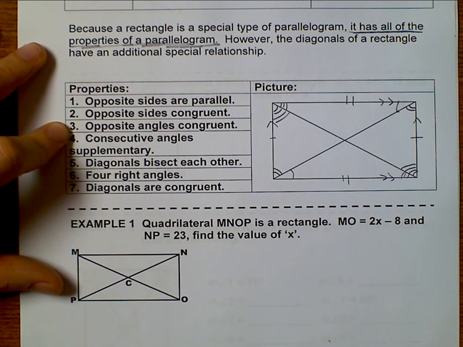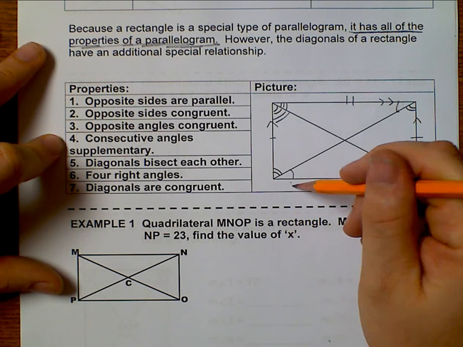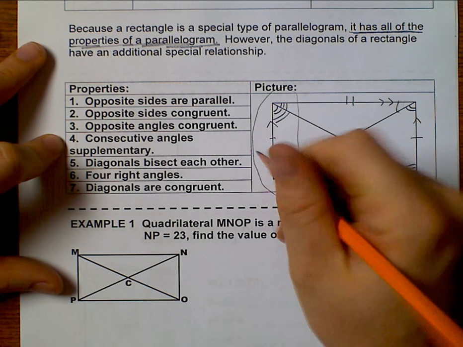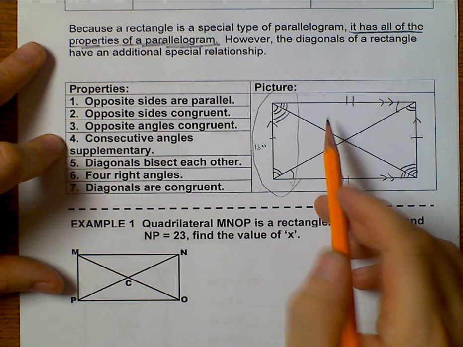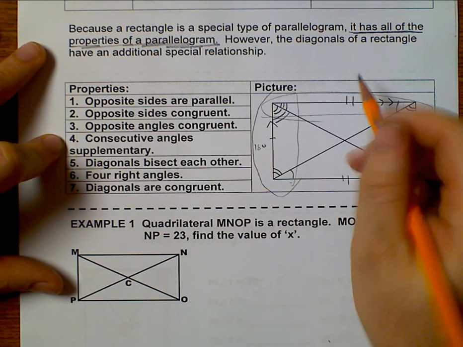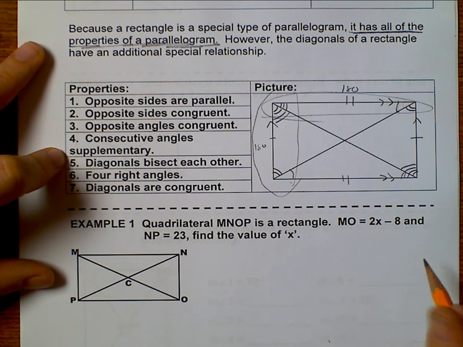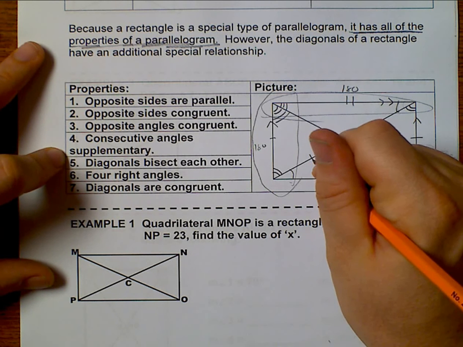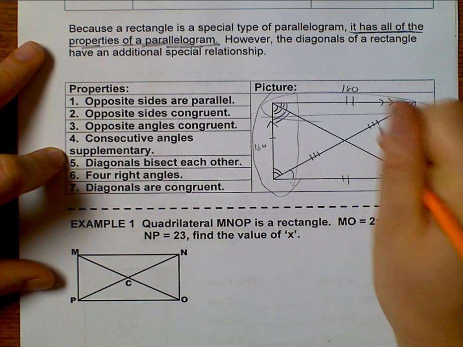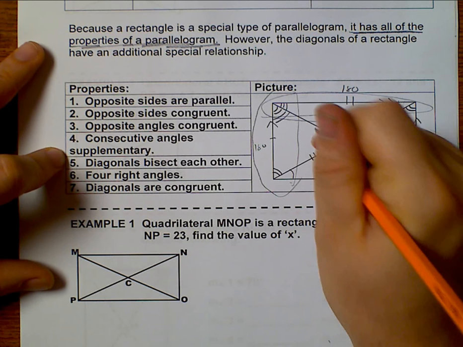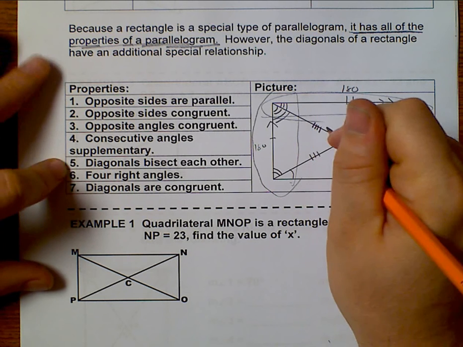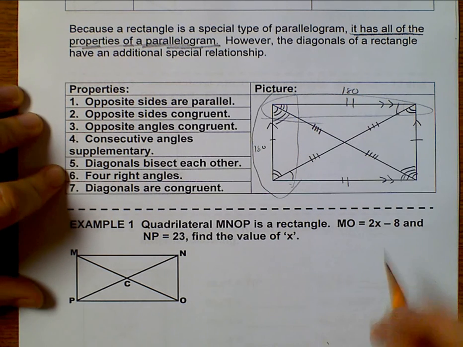Okay? Consecutive angles are supplementary. That means that those two equal 180, and those equal 180. The diagonals bisect each other. We have 4 right angles.